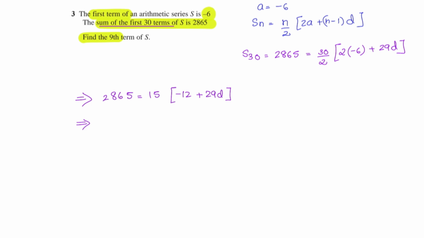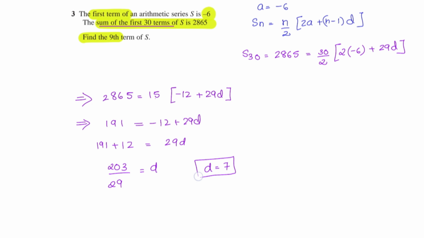So moving further, when I divide by 15, I get 191 is equal to minus 12 plus 29D. 191 plus 12 is equal to 29D. 203 divided by 29 is equal to the difference, and D is equal to 7. So from solving this equation, we got the value for the difference D.